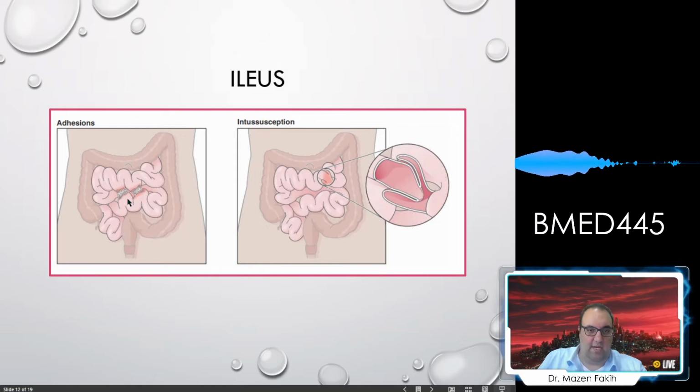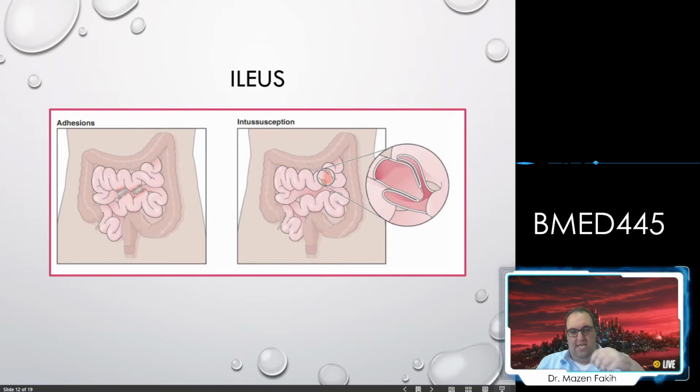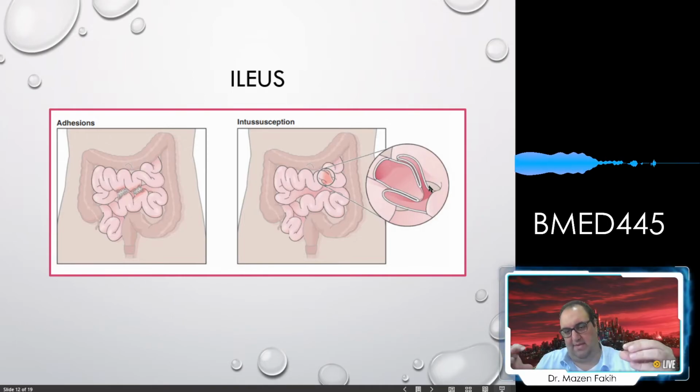The second one is intussusception, which, as you see here, is literally where the intestine telescopes into itself. This stops peristalsis, there is narrowing of the opening of the intestine, and this needs immediate surgical intervention. We go inside, and there's a way of doing it, not just pulling it out, so that it doesn't telescope again.